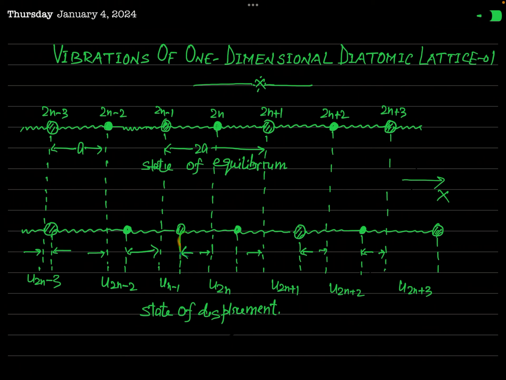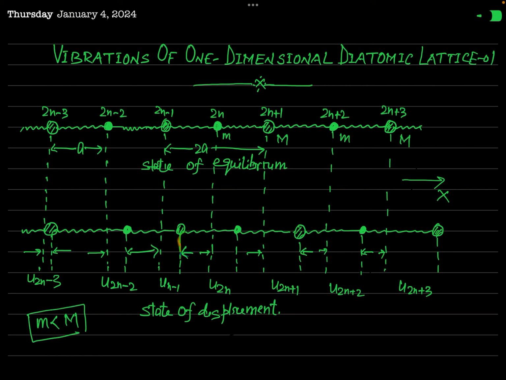The even numbered atoms, let us say 2n, have a mass small m, and the odd numbered atoms have a mass capital M. So these are the masses of the two atoms, and for calculation we assume that this small m is smaller than this capital M. This is our assumption.